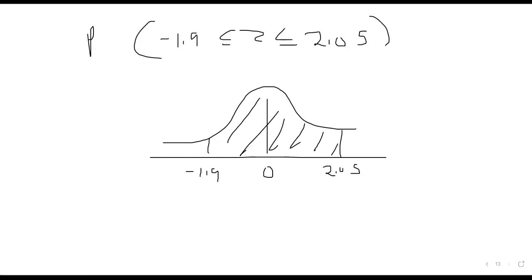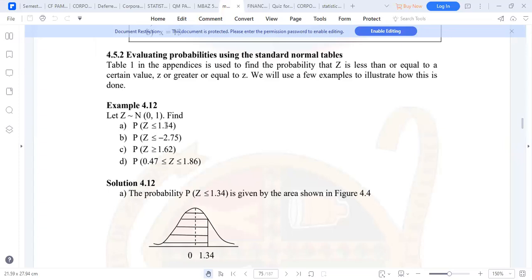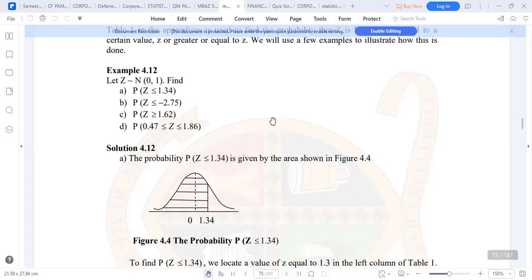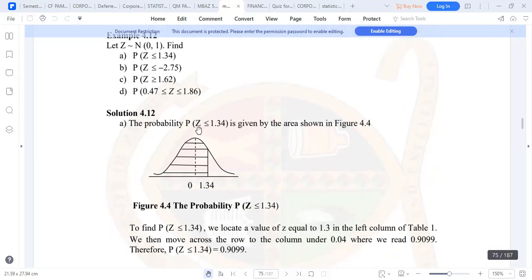So example 4.12. Z is less than 1.34. So we illustrate here with 1.34 on the right side.